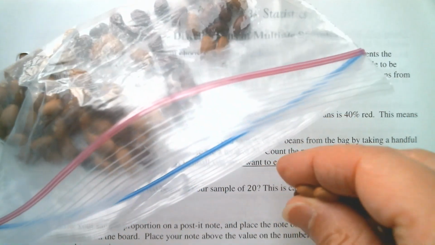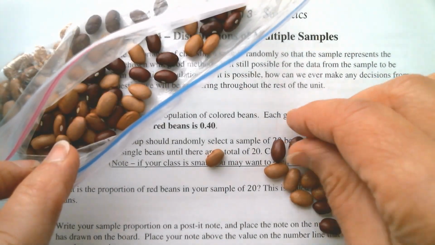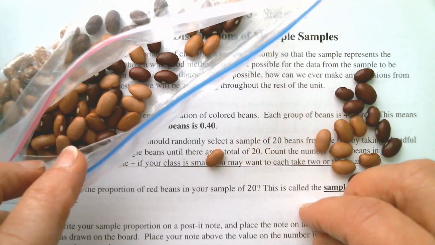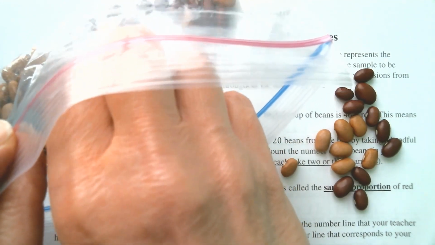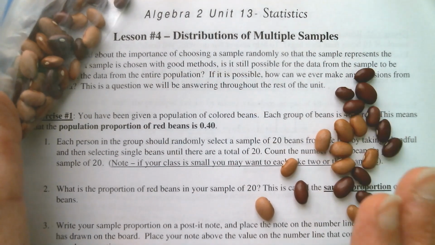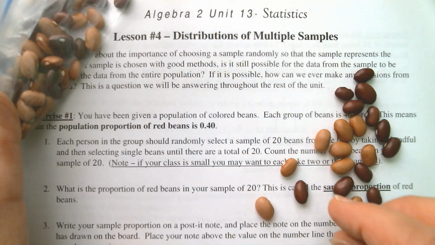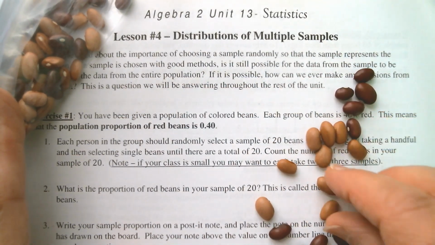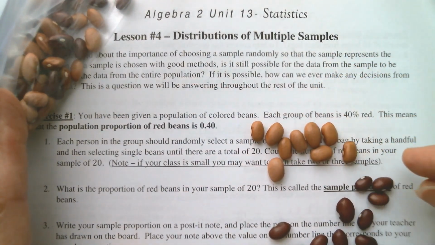So I took a handful, and let's see, 2, 4, 6, 8, 10, 12, 14, 16, 17. So I need 3 more beans. There we go. Now I have 20 beans here. How many of this 20 bean sample are red? 2, 4, 6, 8, 10.